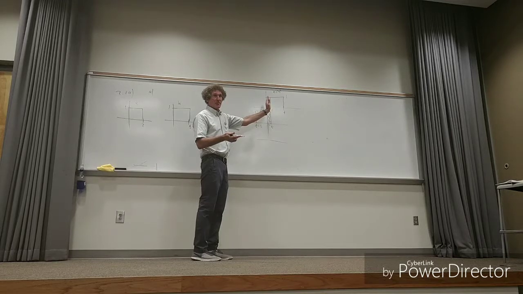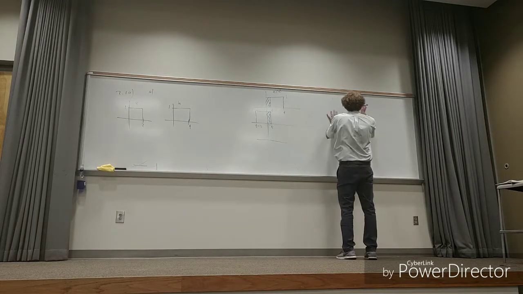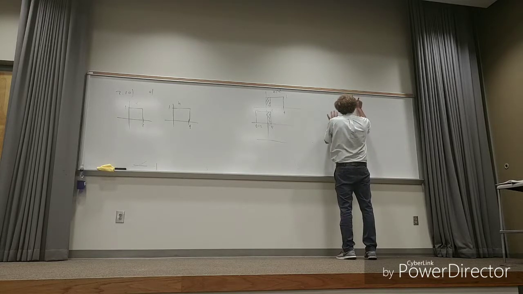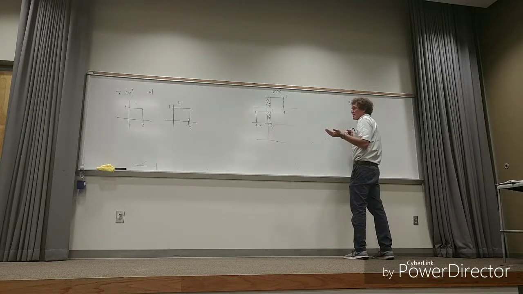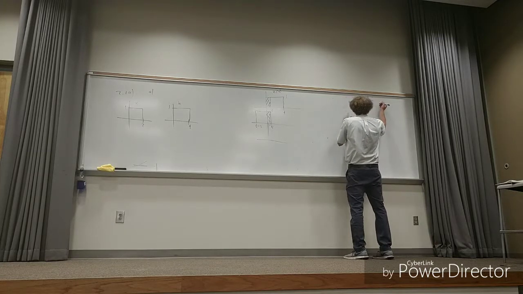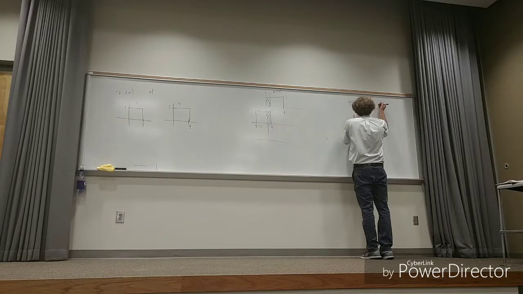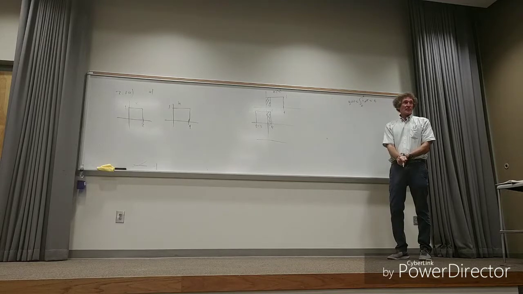Does everybody see that? This is an easy one. Therefore, my y of t, being equal to the integral of x of tau times h of t minus tau d tau, really boils down to 1 integrated from 0 to t d tau, or it's simply tau from 0 to t, or it's simply t. Isn't it, class? Do you all agree with that?